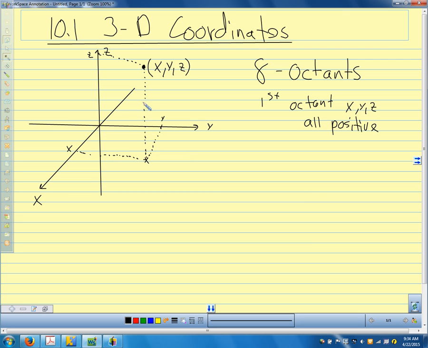The second octant would be back here, the third octant back here, the fourth octant here. Then we start below the xy plane, under the first octant, and we get octants 5, 6, 7 back here, and 8 below over here. Usually we work with the first octant, where x, y, and z are all positive, but our octants go counterclockwise around the z-axis, 1 through 4 on top, and 5 through 8 below the xy plane.